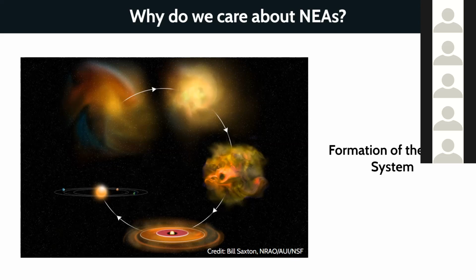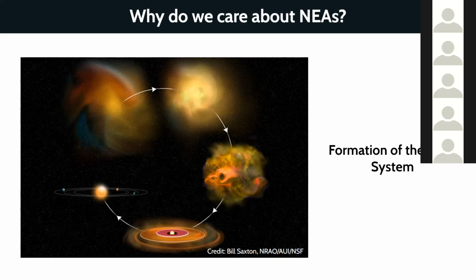Main belt asteroids are quite far away, and some of them can be small and dark, so they're not easy to observe from the Earth. And that is when near-Earth asteroids come in, because they just come to us. So even the smaller ones, even the darker ones, can easily be observed from the Earth.